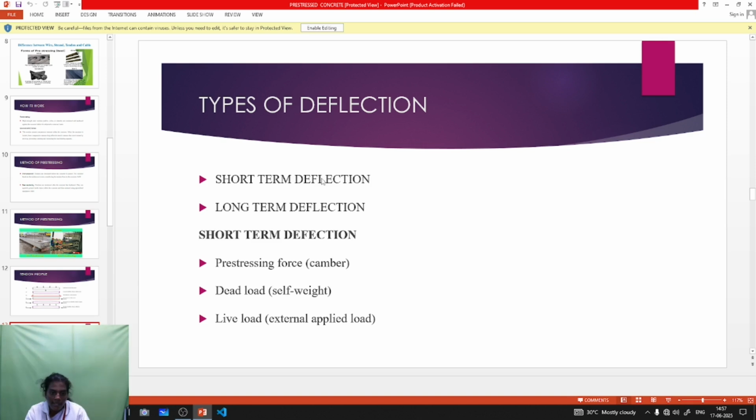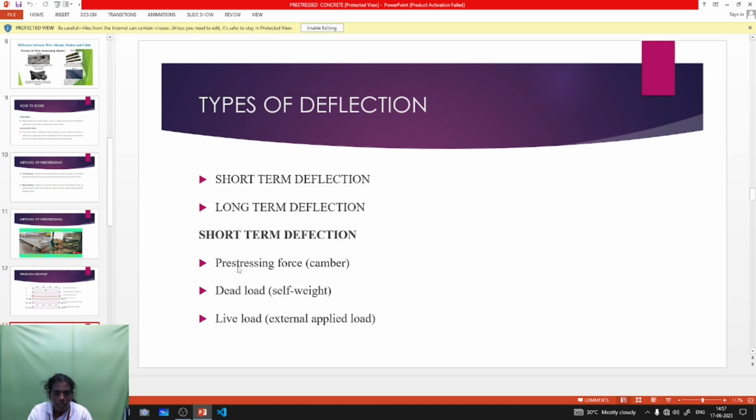You induce the stress, release the stress, and some changes, increase or decrease, occur in the steel member, the tendon. This is the short term deflection. Long term deflection means after a few months or after 1 year, due to temperature and weather conditions, creep and shrinkage occur. This is the long term deflection.